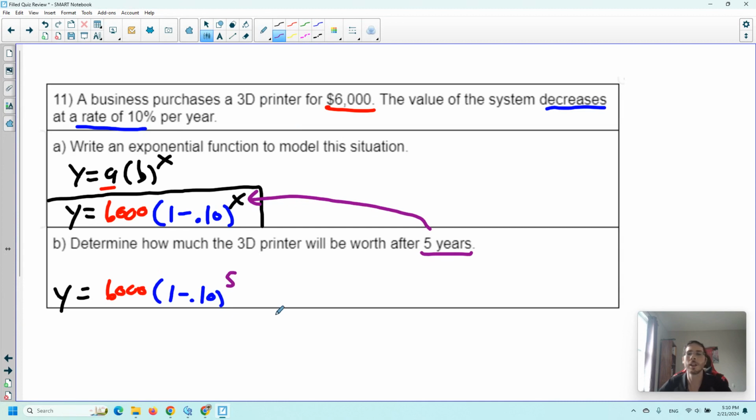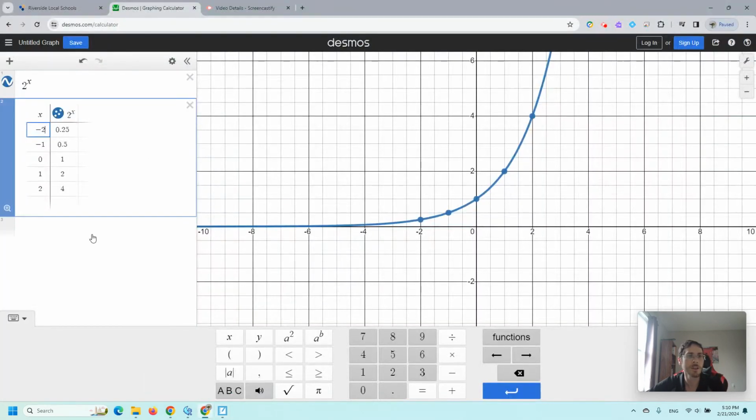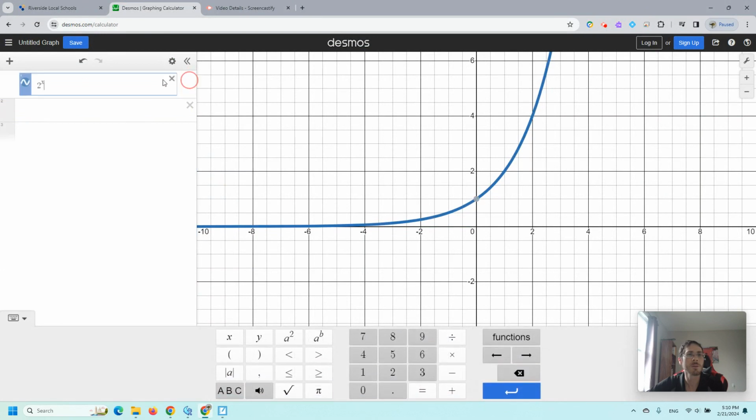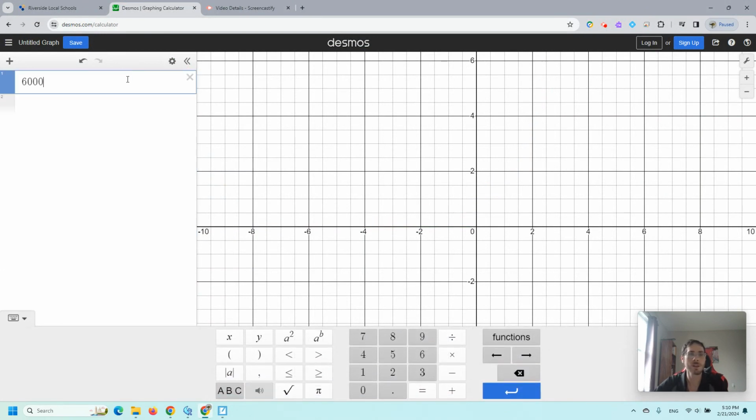To the 5th. And now this is definitely one that you got to throw into the calculator. There's really no other way to do it at this point than to throw it in the calculator unless you want to do a lot of calculation by hand. We don't need our table anymore. But we've got 6,000 parentheses 1 minus 0.10 to the 5th power.